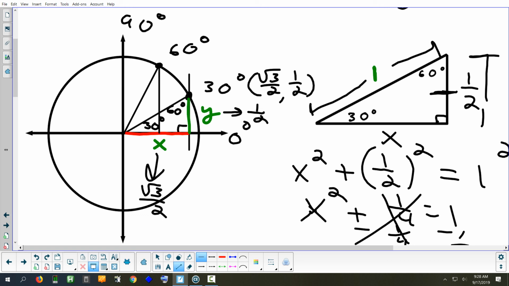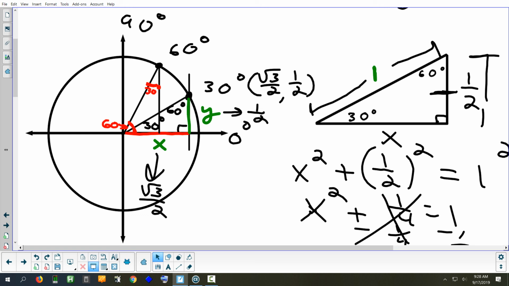Yeah, it's just standing up on the short side rather than laying down on the long side. Right. It's exactly the same triangle. This time, the 60 is right here. So the 60 is down at the bottom, and the 30 is up at the top. 30, I'll just put an arrow, 60.